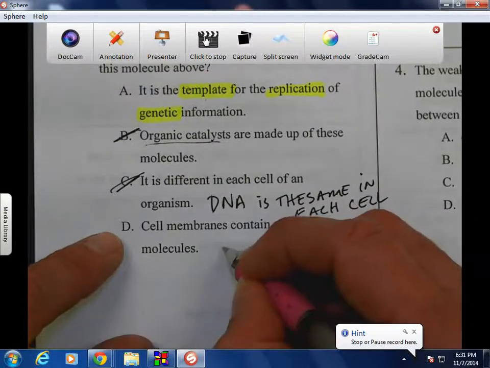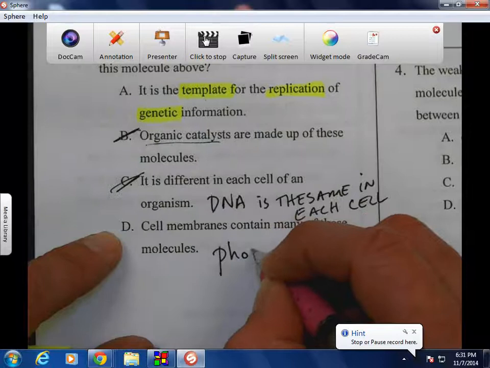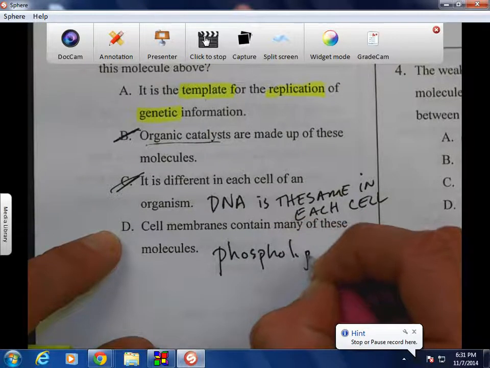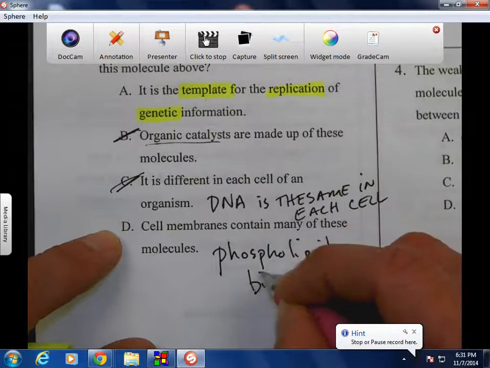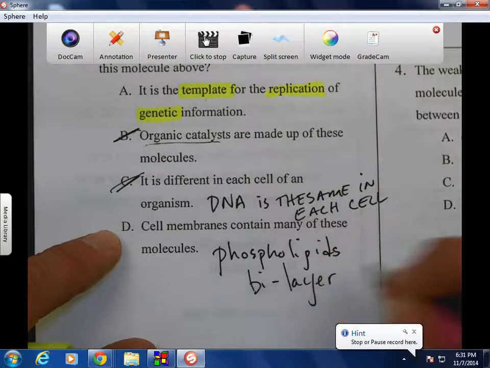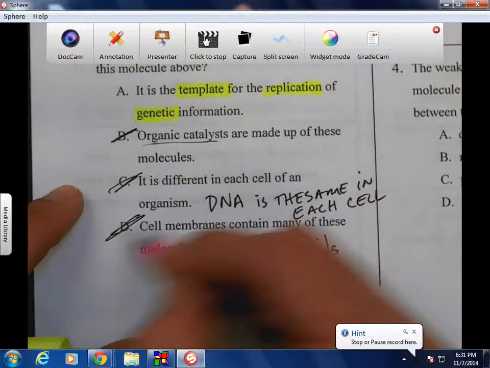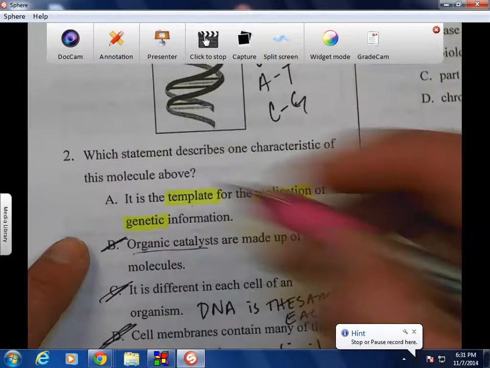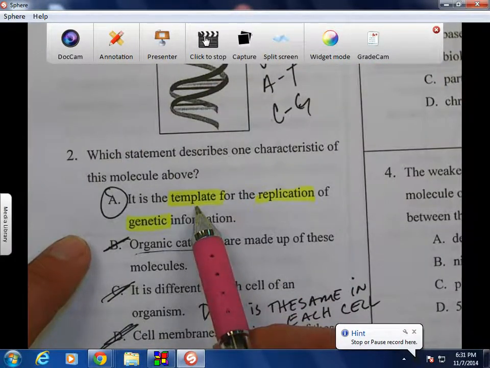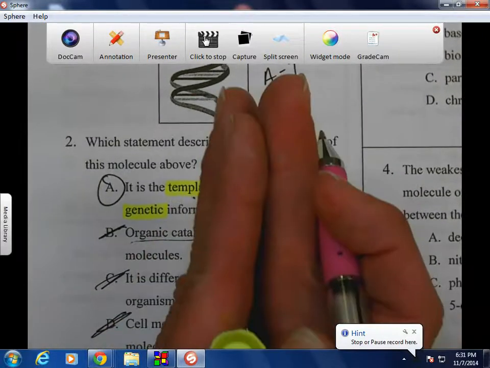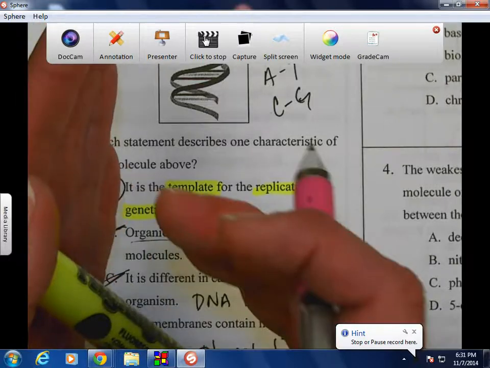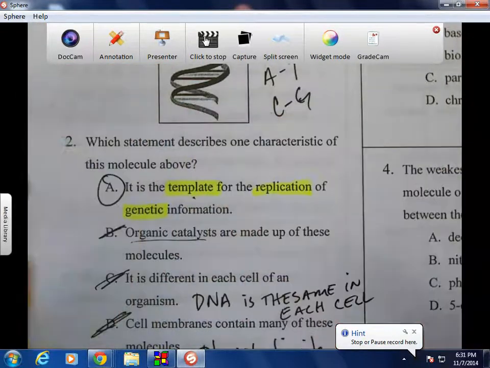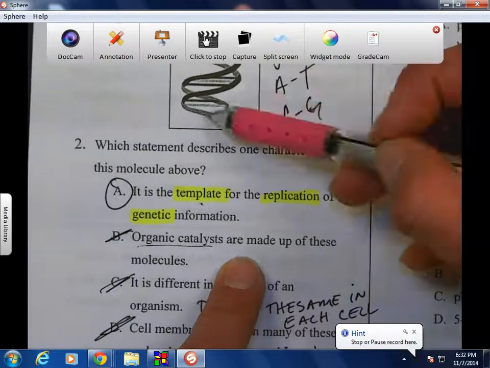Cell membranes are made up of phospholipids. It's a phospholipid bilayer. It does not contain DNA. That is the incorrect answer. So it is A. It is a template, which means that once it is opened up by the helicase, those nitrogen bases are going to be added on to each one of the strands.